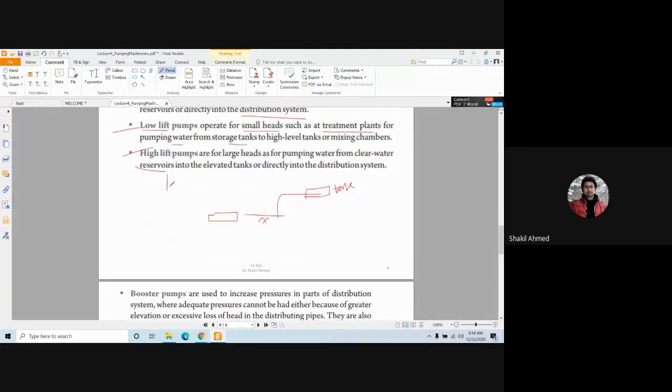Sometimes you see large tanks, right? Maybe 30 or 40 feet, or maybe higher, maybe 60 or 70 feet, maybe 100 feet. So you use high lift pumps to lift the water.